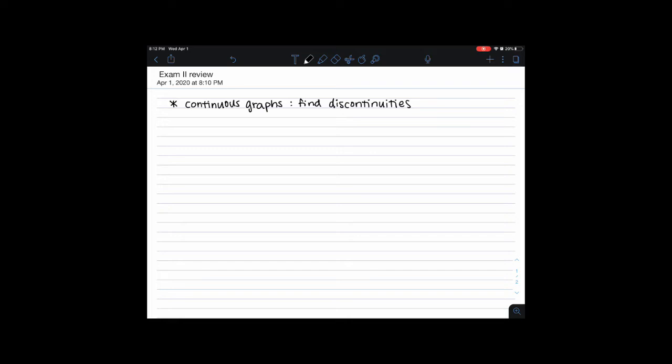And then also differentiable graphs. So finding where a graph is not differentiable. So basically where you can and cannot take a derivative.